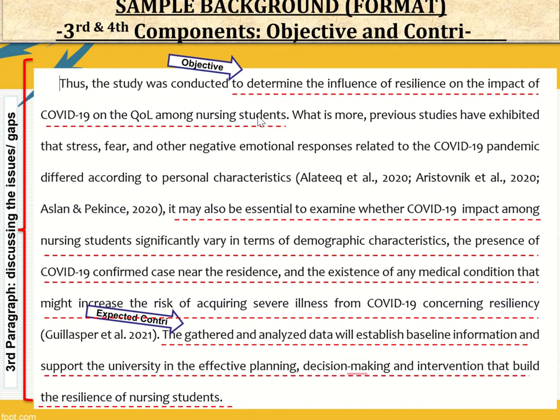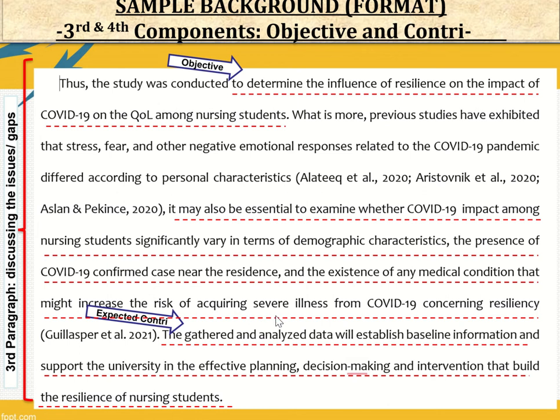So, that is one. And then another one, it may also be essential to examine whether COVID-19 impact among nursing students significantly vary in terms of demographic characteristics, the presence of COVID-19 confirmed case near the residence, and the existence of any medical condition that might increase the risk of acquiring severe illness from COVID-19 concerning resiliency.